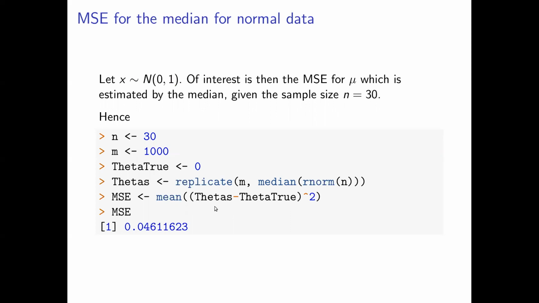And therefore we take the mean of the quadratic deviances of the median from the true underlying expected value, and we get a mean squared error of 0.046. So this is the first step of applying this Monte Carlo simulation to get an idea of how well the median itself as an estimator of location is performing in this scenario.